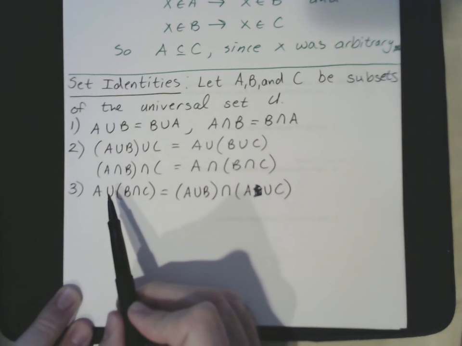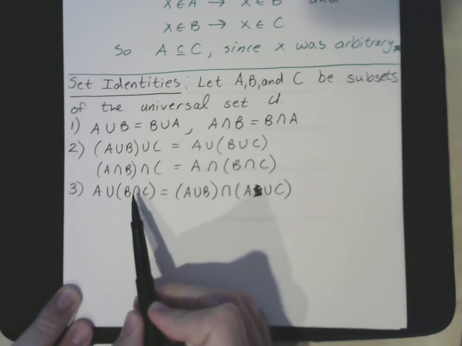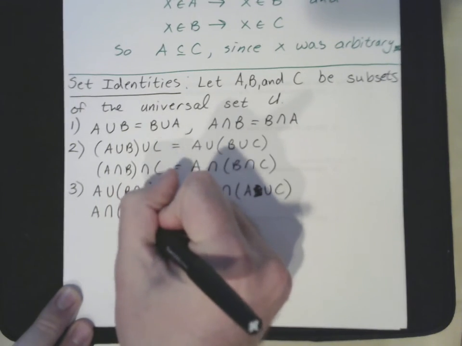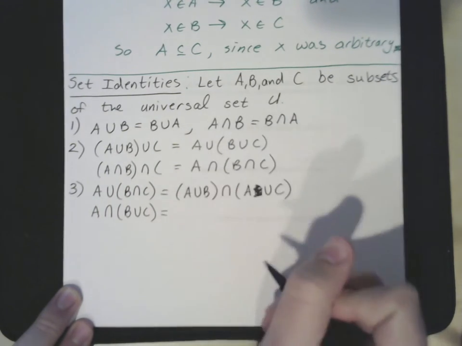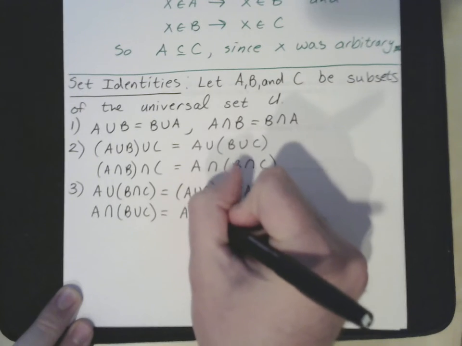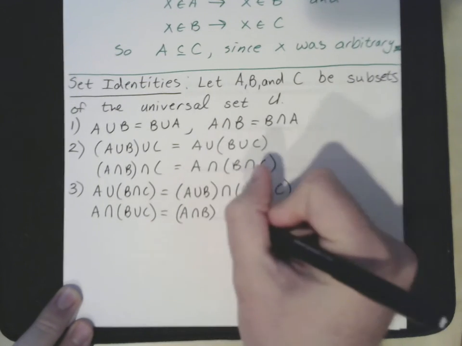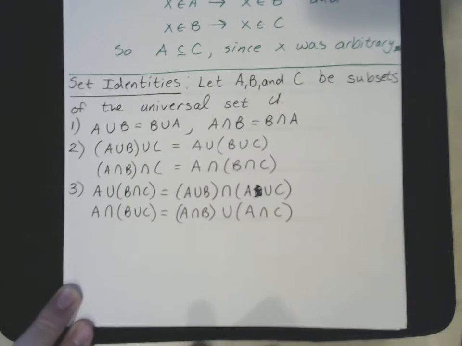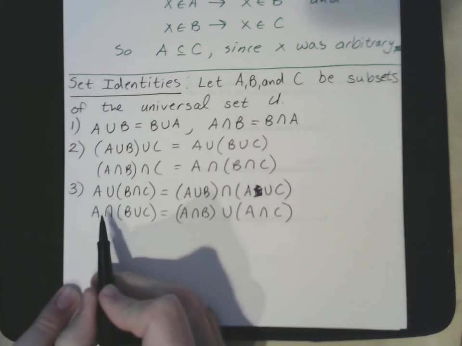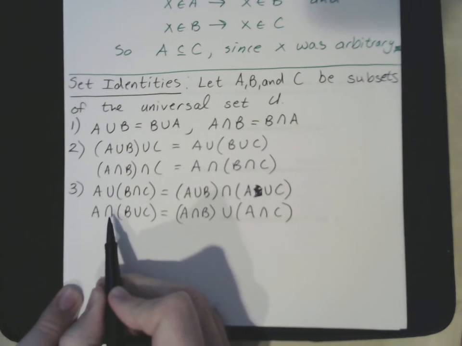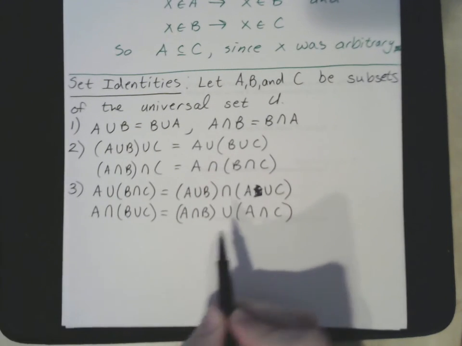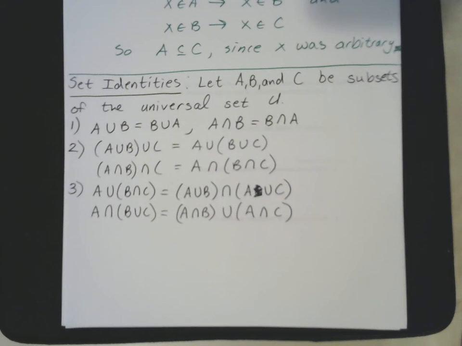You can distribute union over intersect, and you can also distribute A intersect, parentheses B union C, and this becomes A intersect B union A intersect C. So the symbol that is outside the parentheses goes inside, and the symbol that's inside goes outside once you distribute. And this is our distributive property for sets.